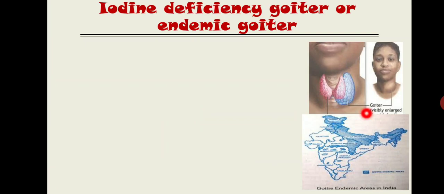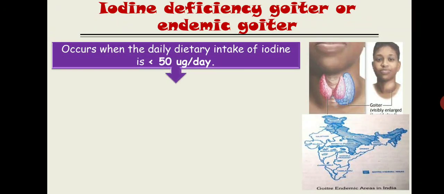See, in this diagram there is a belt drawn over here. You guys are familiar with this belt. It is the iodine deficiency goiter region of our country. Now, iodine deficiency goiter takes place when the daily dietary intake of iodine is less than 50 microgram per day. See this figure, 50 microgram, that is given in Guyton.